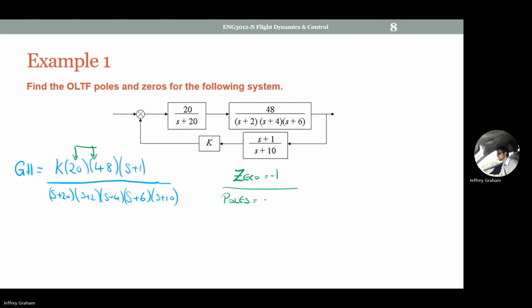So we go out in order, minus 2, minus 4, minus 6, minus 10, minus 20. Right. That's the solution to begin with.